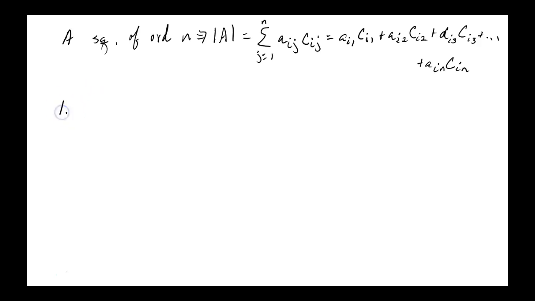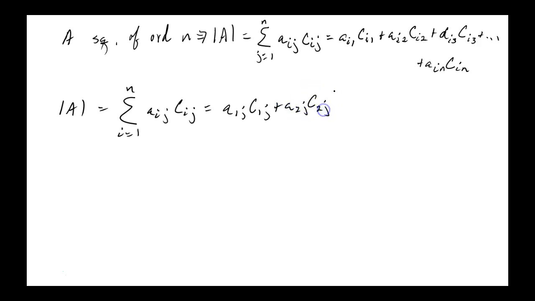Or, the other way you can do it is, determinant of A is the summation from i equal 1 to n of aij, cij, but this time we pick the jth column, and we do a1j, c1j, plus a2j, c2j, plus a3j, c3j, plus ... up to and including anj cnj. Okay? You just expand by that.